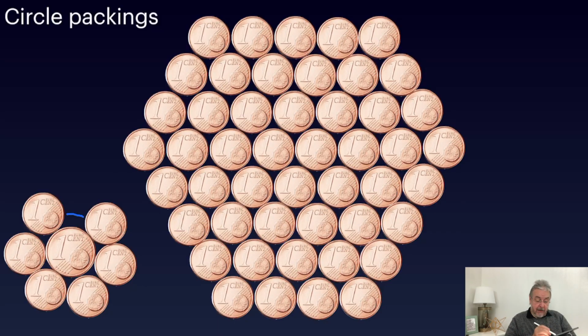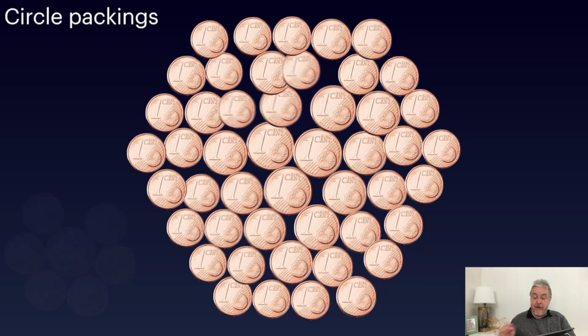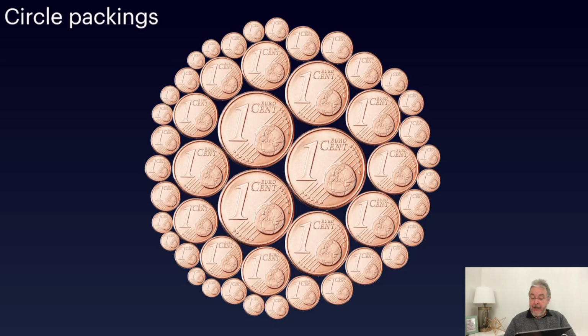You will get such a gap here, and depending on the size of your central penny, this gap will be exactly big enough to fit in one more penny, or 2 more pennies, or 3, or 10, or 1 million, depending on the size of your initial penny. So if you make penny patterns in the hyperbolic plane, they will more or less look like that.